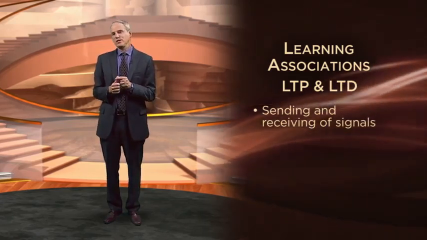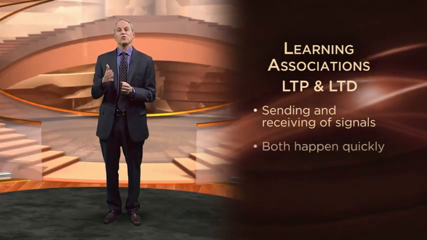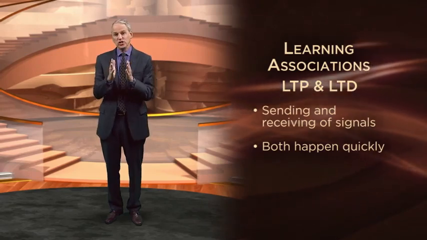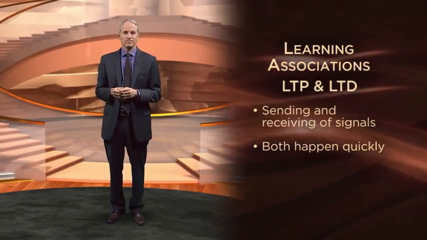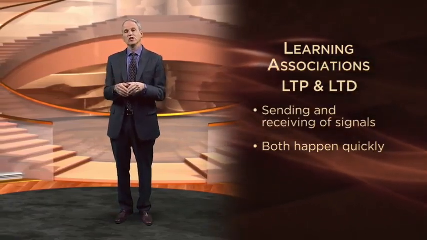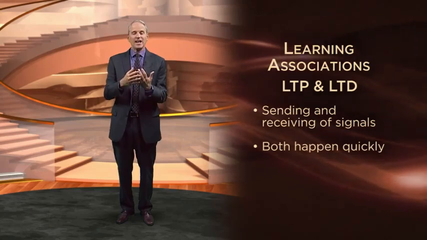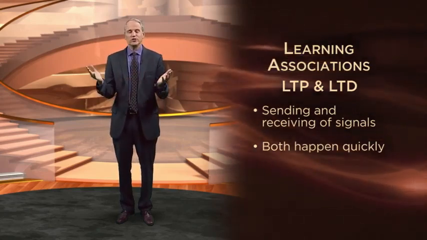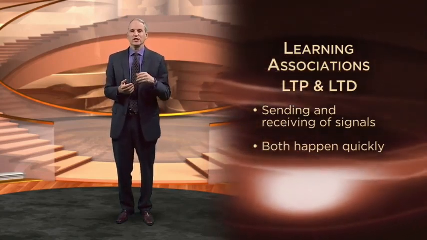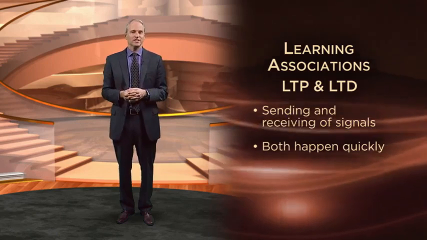Second, LTP and LTD happen quickly. One burst of appropriate electrical activity can change the strength of a synapse. It's therefore possible that LTP and LTD could play a role in the kind of fast associative learning that humans do all the time, like remembering an association between your car and where you parked it.